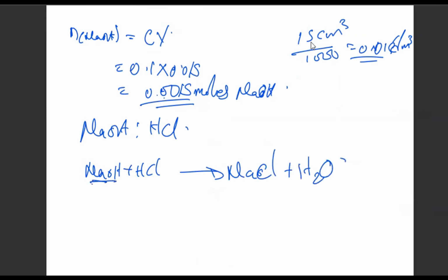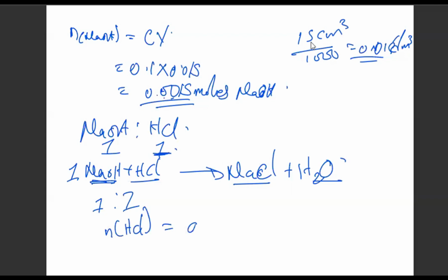A base plus an acid, you get a salt plus water. The mole ratio is 1 to 1, so automatically these are the same number of moles. So the number of moles of hydrochloric acid will be equal to 0.0015 moles. Why? Because the mole ratio is 1.